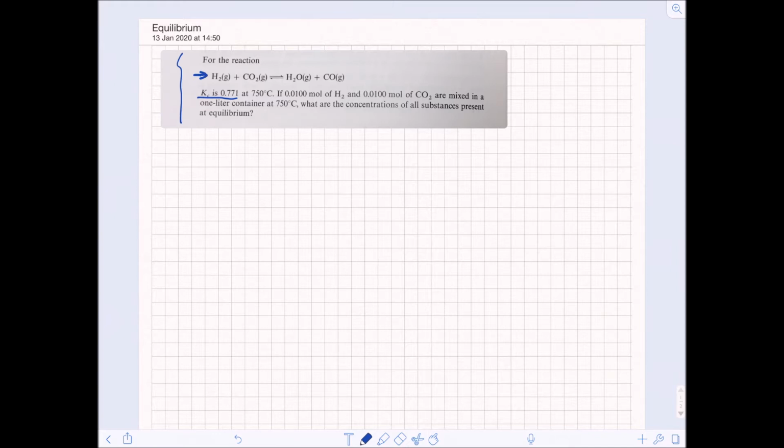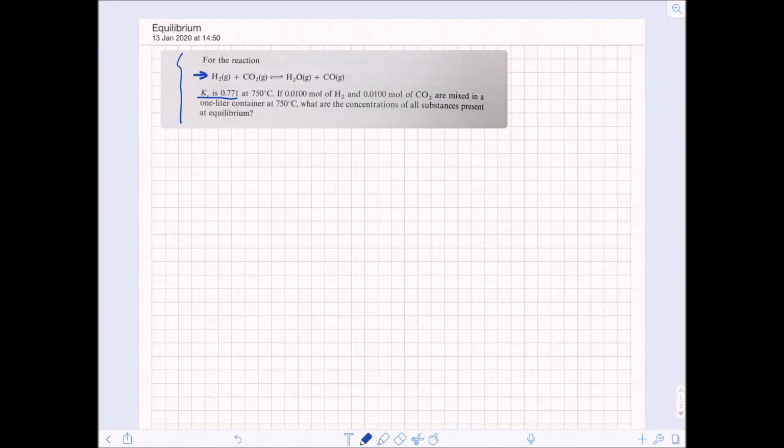And the problem itself is formulated like this: if we have 0.01 mole of hydrogen gas and 0.01 mole of carbon dioxide, and they are mixed in a 1 liter container at 750 degrees Celsius, what are the concentrations of all substances present at equilibrium?